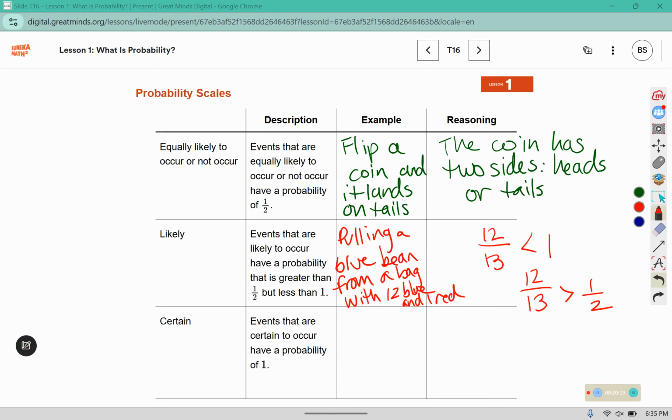Certain is something that is going to occur all of the time. So it might be something like selecting a Skittle from a bag containing only Skittles.